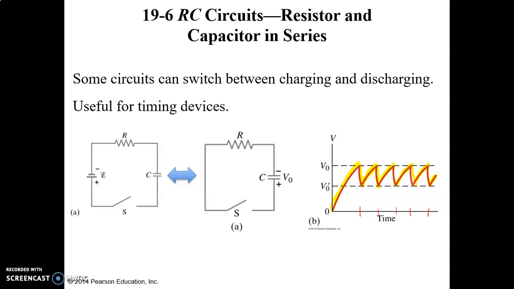And there are lots of other applications for an RC circuit like this. Windshield wipers in your car. Ever wonder how the car knows how much time is in between each wipe? Well, it's an RC circuit. The time constant is determined by the resistance times the capacitance.